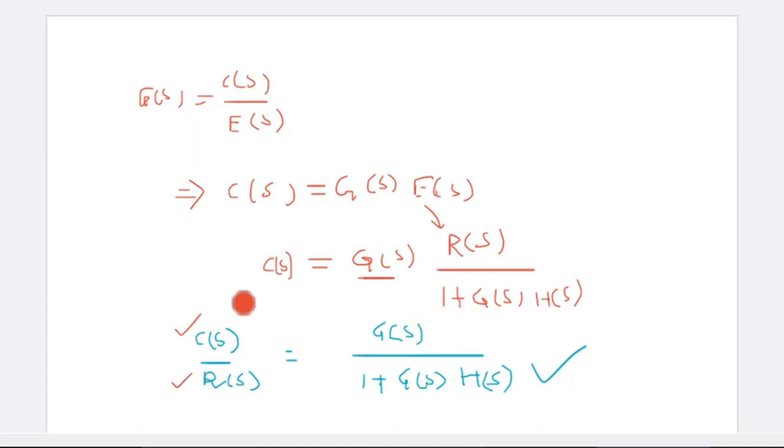So by taking R of S to the left side, we get G of S by 1 plus G of S into H of S. This is the transfer function of negative feedback control system. Is there any confusion, ma'am?